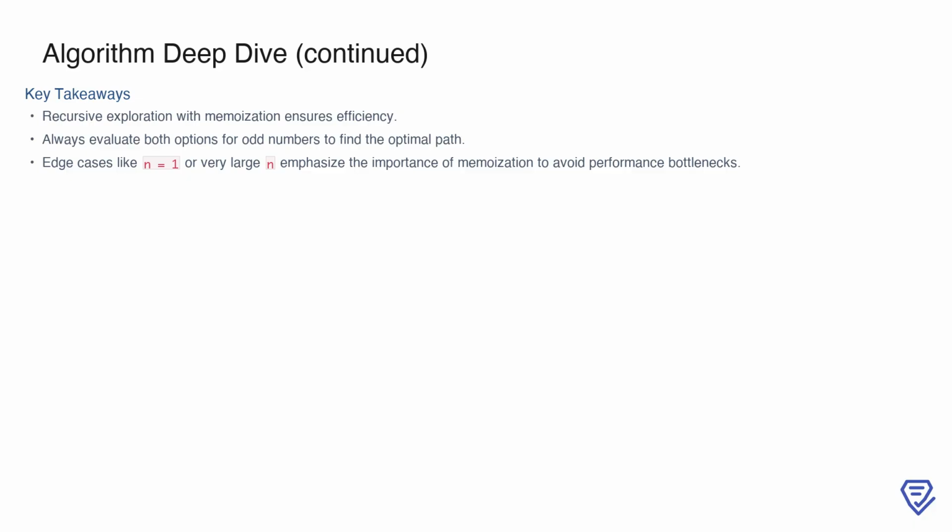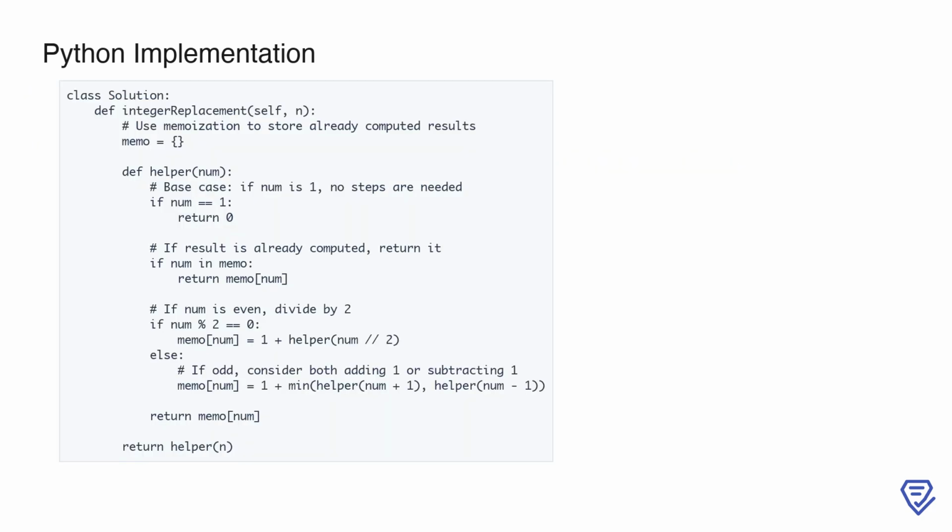Key takeaways include understanding the distinction between operations for odd and even numbers, recognizing the importance of memoization to handle edge cases and large inputs, and appreciating the problem's optimal substructure. With these principles, we achieve an efficient and elegant solution to minimize the steps required to reduce any positive integer to 1.